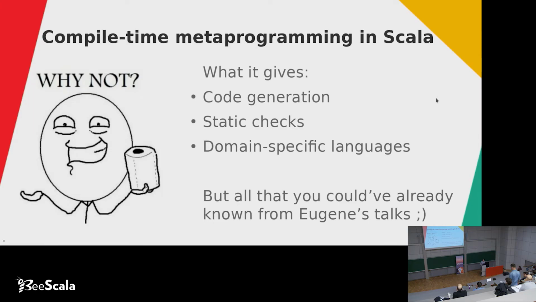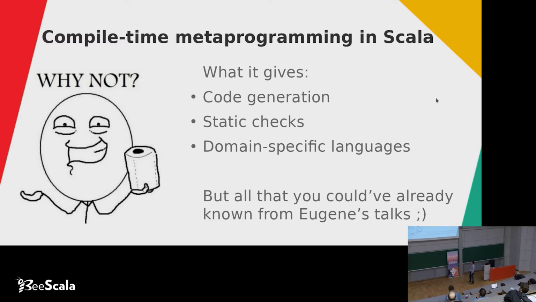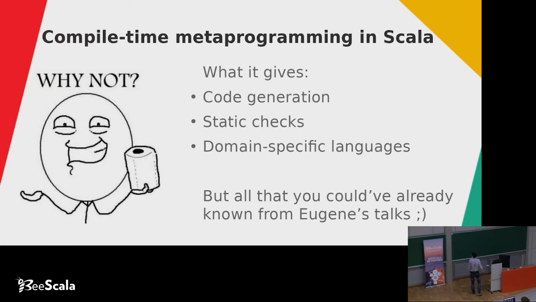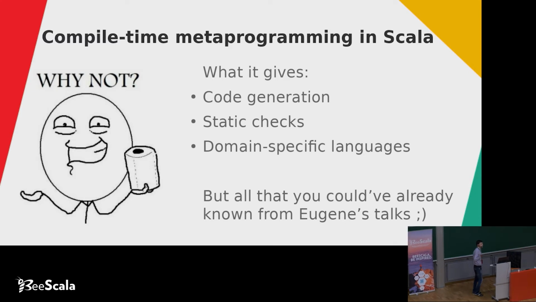One of the ways we can avoid it is just macros, because why not? We can do code generation, we can do static checks. Early in the day, there were the static checks for the regexes and stuff. What else?